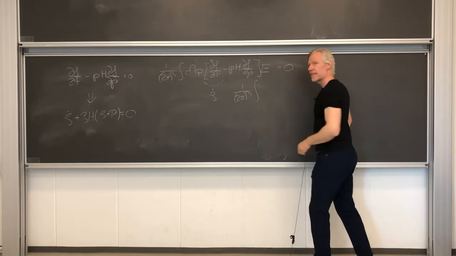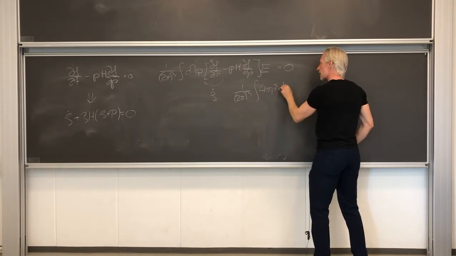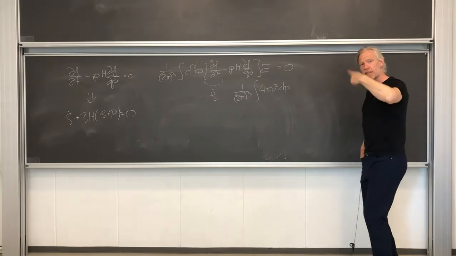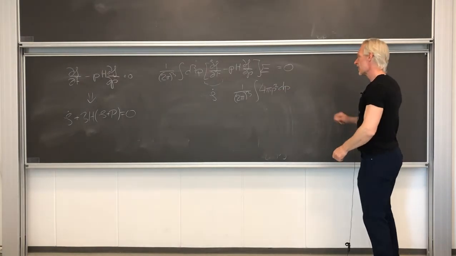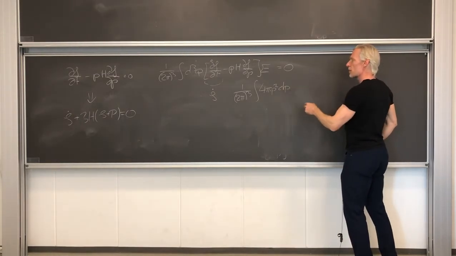Now we rewrite the momentum space volume, we replace it by 4 pi p squared dp. So again, we use the fact that it's spherically symmetric such that we can do the angular integration trivially. Then this is the momentum volume element.